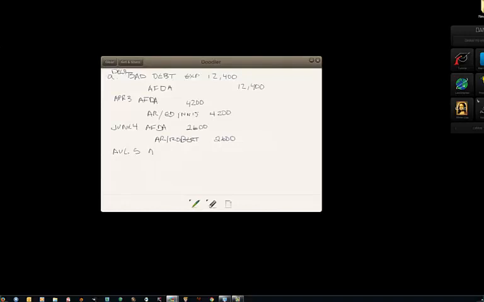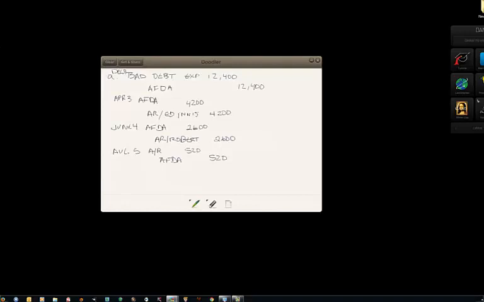So we're going to put his accounts receivable back on the books with a debit to accounts receivable of $520 and a credit to allowance for doubtful accounts, $520. Notice this is like a partial reversal of the original write-off.